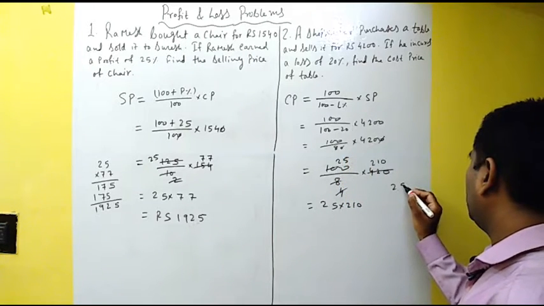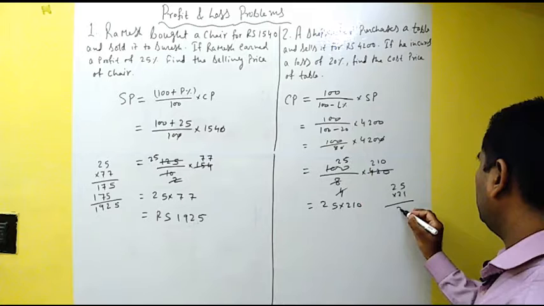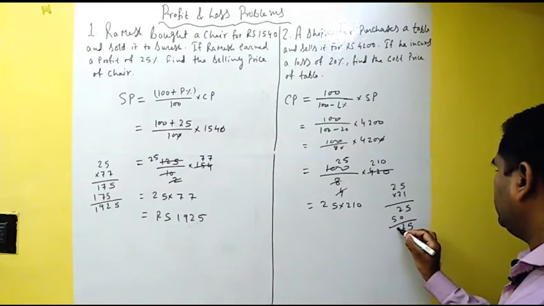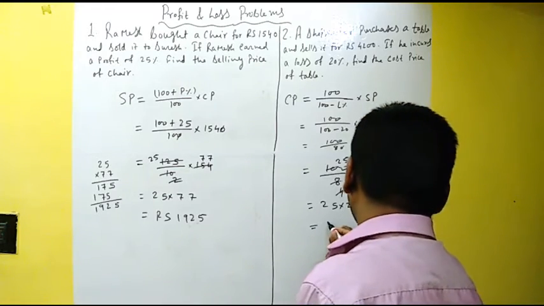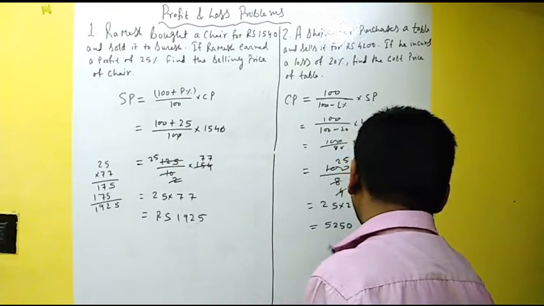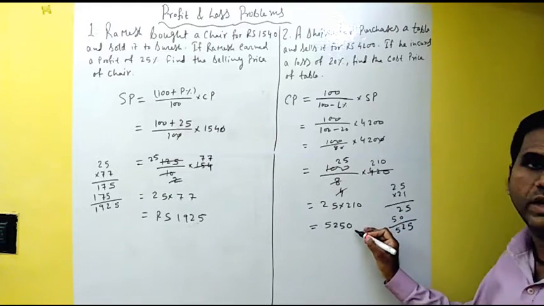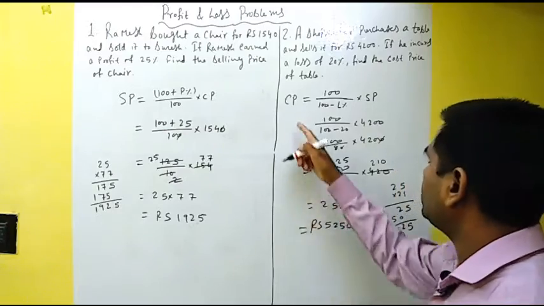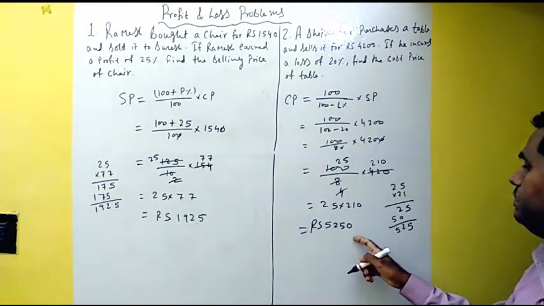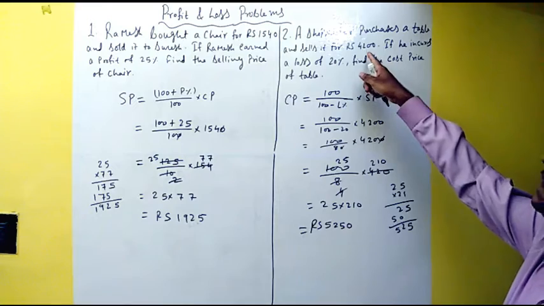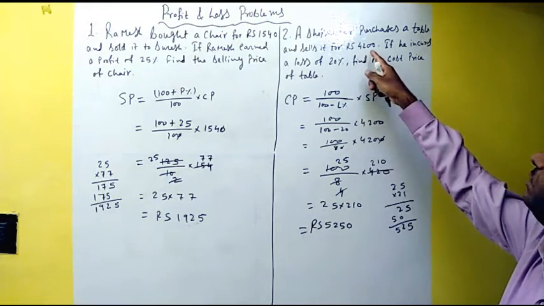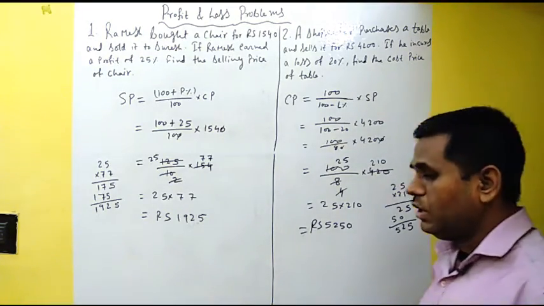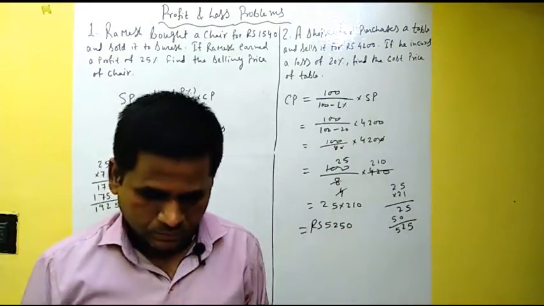So 25 into 21, and this becomes 525. At the end we can put this 0. So in rupees, cost price is 5250. So the shopkeeper has sold it for 4,200, which is less than the cost price, and he gets a loss of 20%. Now let's solve a few more problems.